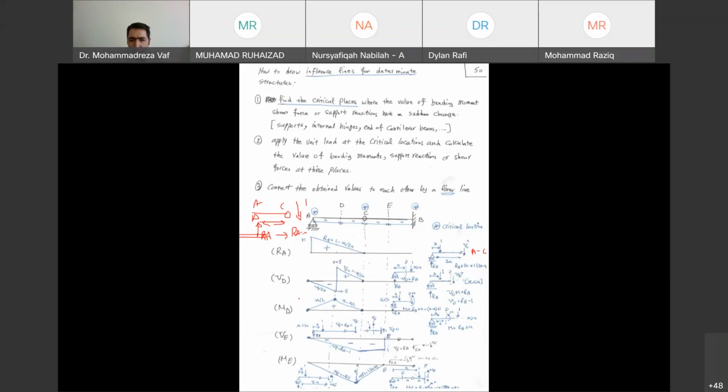My question is about the influence line at point C. I want to know what it looks like if we want to draw the bending moment influence line at point C. So I give you 2 minutes to think about it. Then I will ask one of you to answer the question.